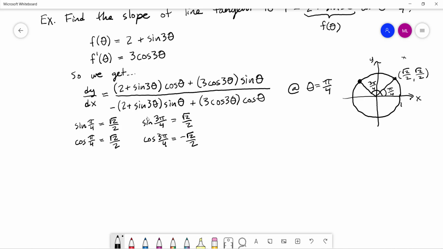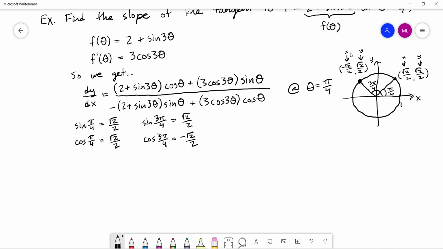This is the x, which is the cosine. This is the y, which is the sine. And over here, it's negative root 2 over 2, comma root 2 over 2. Again, this is the x, which is the cosine, and the y, which corresponds to the sine. So x, which is cosine, is negative. Y, which is the sine, is positive.